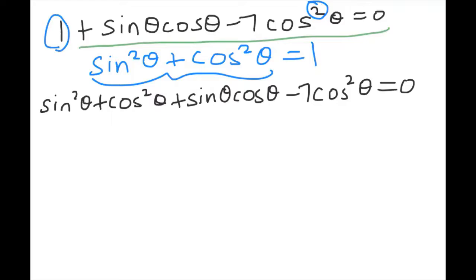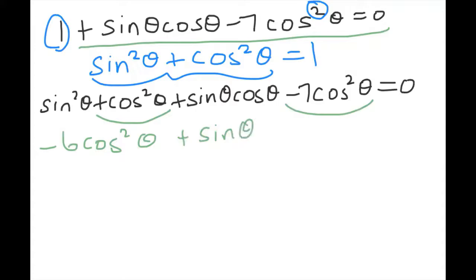Let's simplify this a little and see what's happening. I'm seeing here's a cos squared theta and another cos squared theta. So that's minus 7 cos squared theta plus 1, which gives me minus 6 cos squared theta. I have this plus sine theta cos theta over here, then we also sit with the plus sine squared theta.